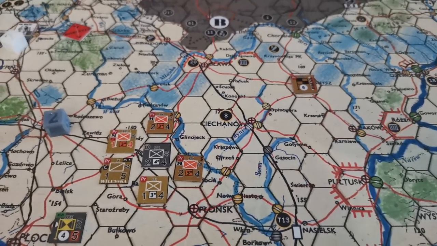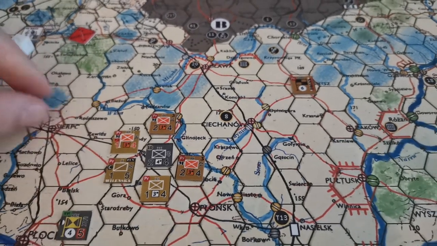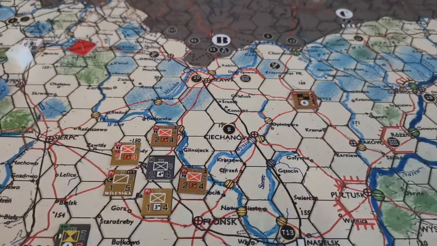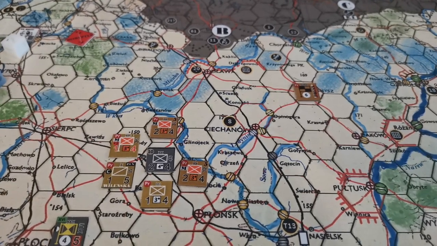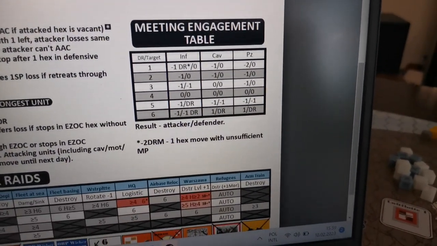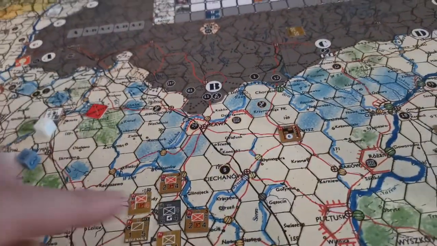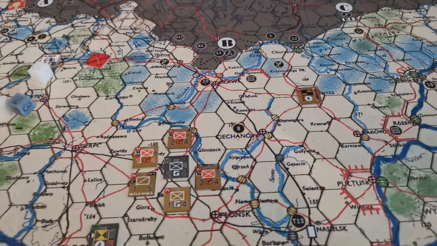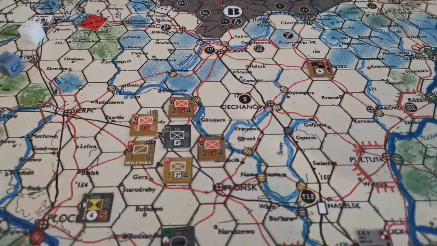In this case, this unit can move 1 hex, but it's going to have to fight a meeting engagement with a negative dice roll modifier of 2, which will definitely cause step loss for this unit, but it can perform this move.